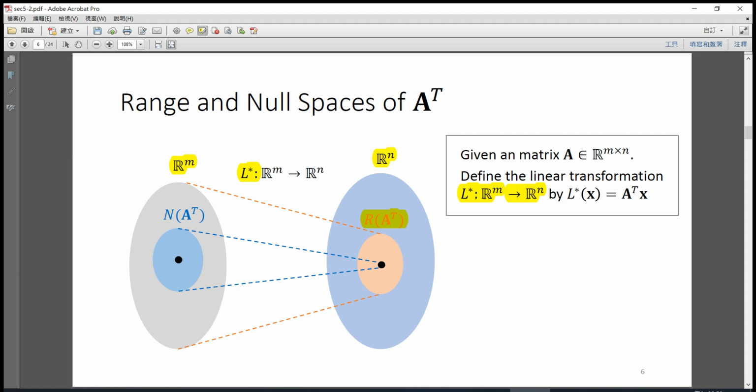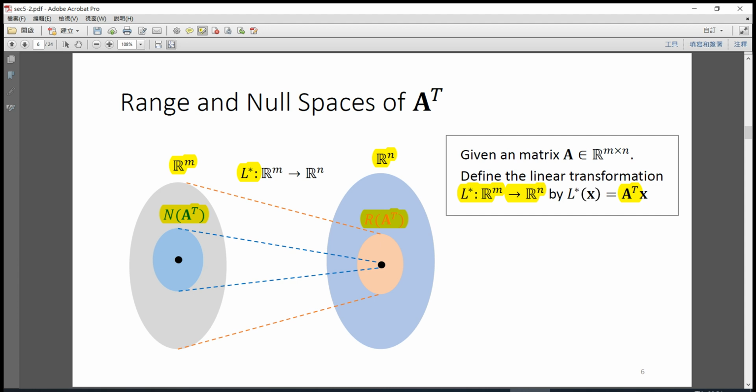We also revisit the definition of the null space of A transpose, which is the collection of vectors x in Rm such that A transpose x equals the zero vector in Rn, and therefore every element in the null space of A transpose will be mapped to the zero vector in Rn.